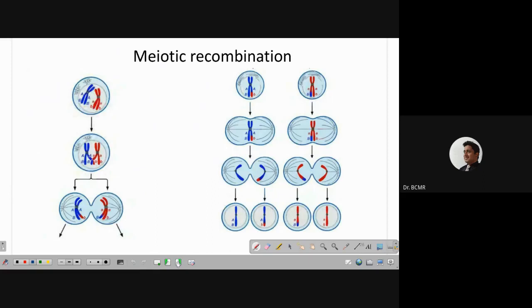So that is how meiosis will generate, say, 4 haploid cells, out of which some of them are recombinants. And that is one of the main purposes of recombination. Meiosis recombination, people tend to say it is made to generate diversity.